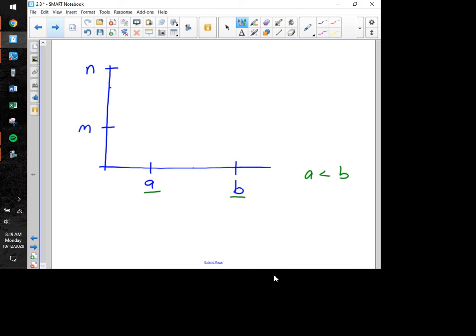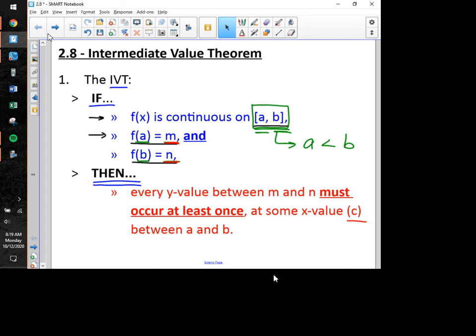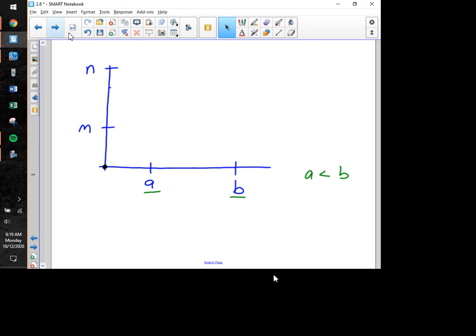We know that a is the left endpoint and b is the right. What we don't know, that I have assumed with my little graph right here, is that if in fact this is the origin, I'm suggesting with this graph that a and b are both positive values. That is absolutely not the case, and it doesn't say that anywhere in the hypothesis or the conclusion of the IVT. So that's just something for simplicity's sake that we've assumed, but that doesn't need to be the case.